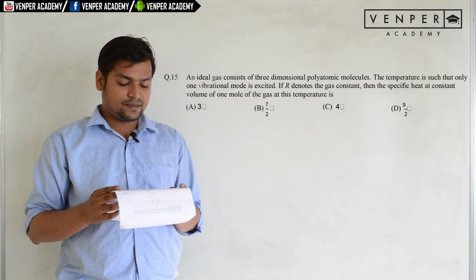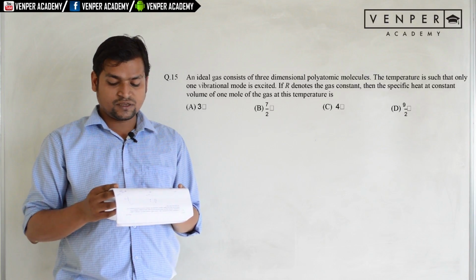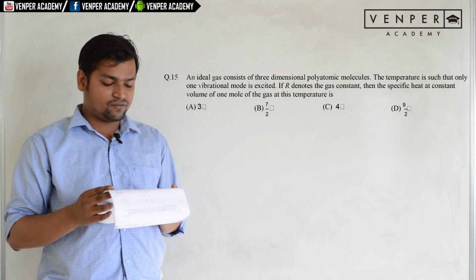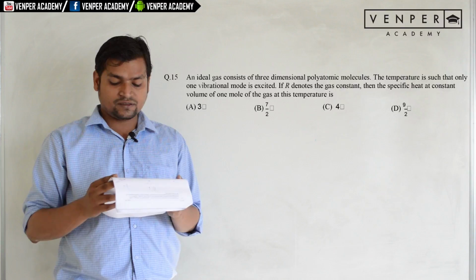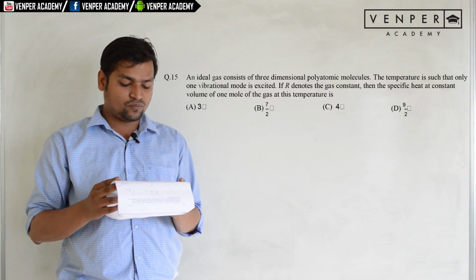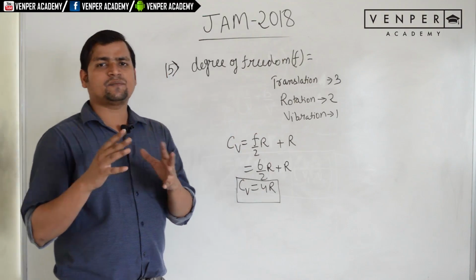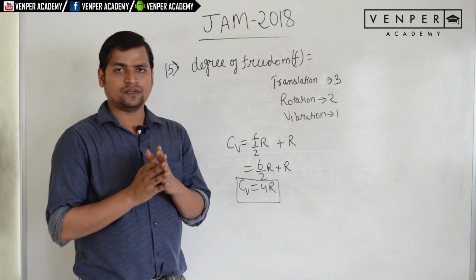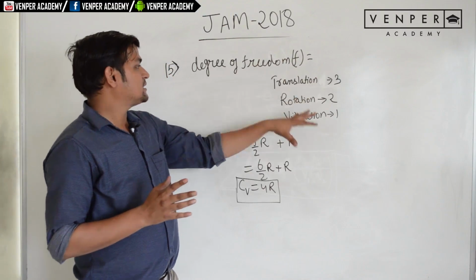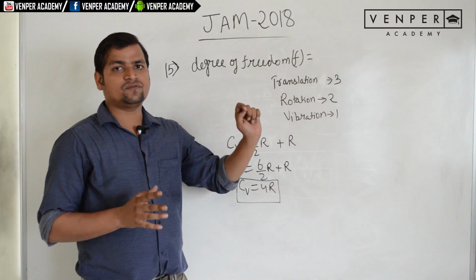Question number 15. An ideal gas consists of 3-dimensional polyatomic molecules. The temperature is such that only one vibrational mode is excited. If R denotes the gas constant, then the specific heat at constant volume of 1 mole of the gas at this temperature is? In this question, there is a polyatomic gas in which one vibrational mode is excited, and they are asking its specific heat capacity at constant volume.